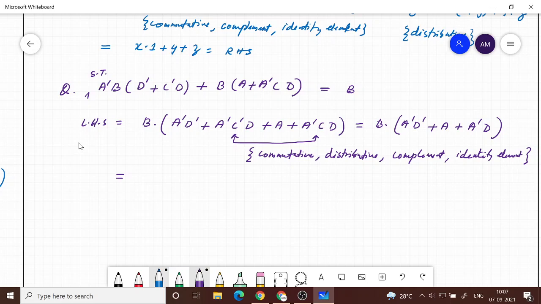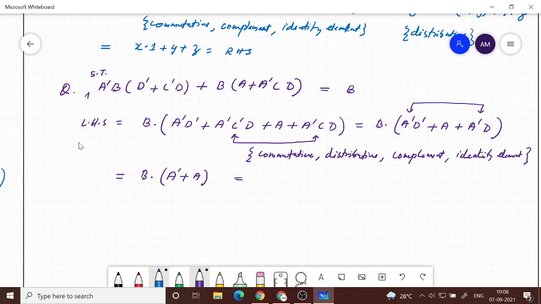Now again we can combine this and this. The A dash is common, and D dash plus D will give you A dash, so that is B dot. So this looks a little simpler.